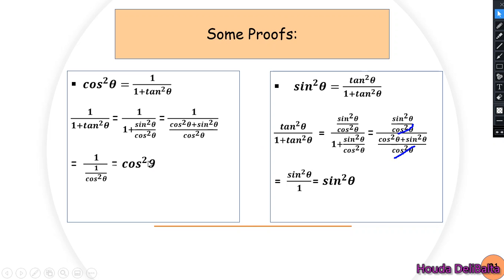Now, using this rule, by putting 1 over 1, you can put it like this, over 1, using the extreme with the extreme over the mean with the mean, we will get cosine squared theta over 1, which is cosine squared theta. And here are the proofs of these two important rules.